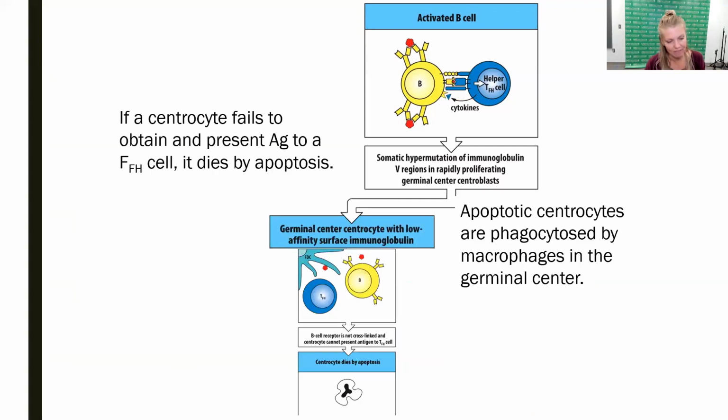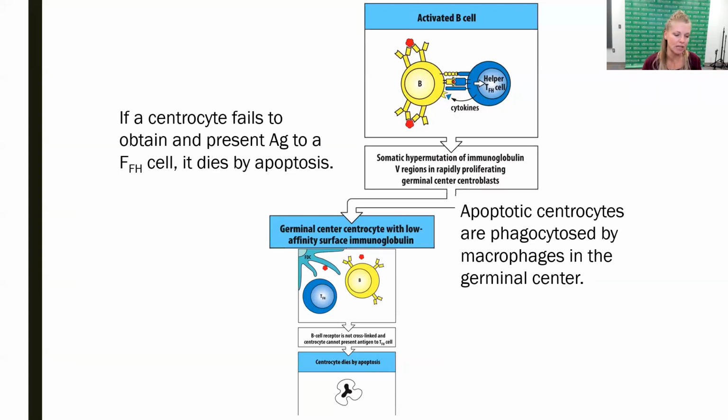Now, if a centrocyte fails to obtain and present antigen, meaning it didn't make very good antigen receptors, and the follicular helper cell and the B cell just lose interest in each other, then that B cell is going to go through apoptosis.